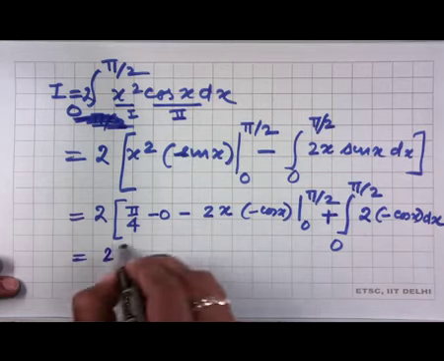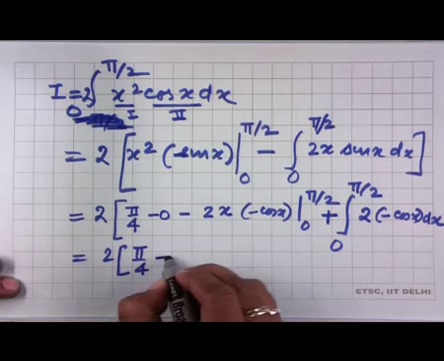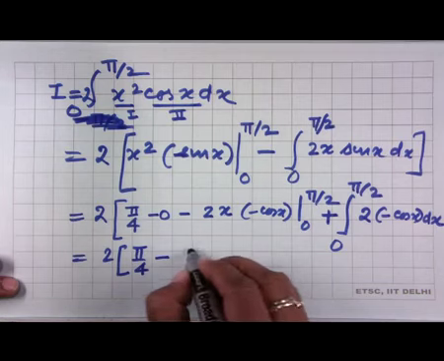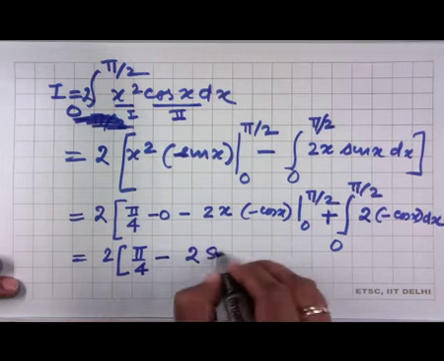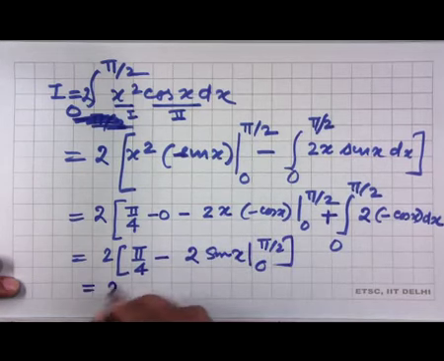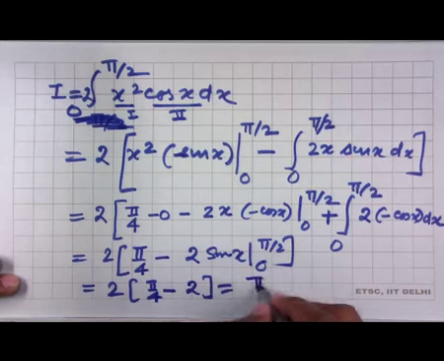So you get 2 pi square by 4 minus 2 integral of cos x, which is sin x, 0 to pi by 2.